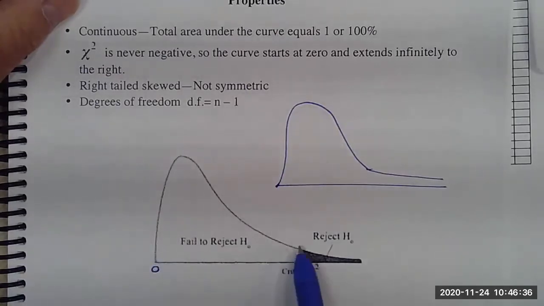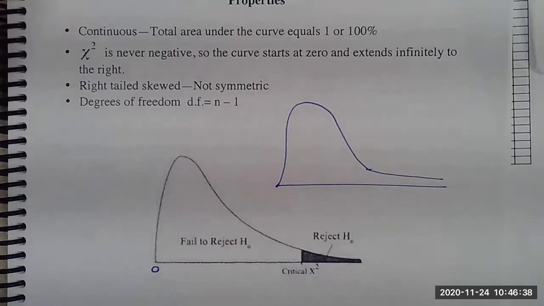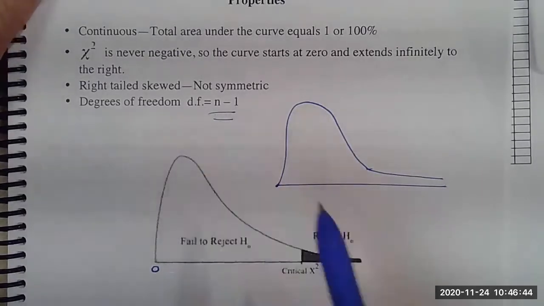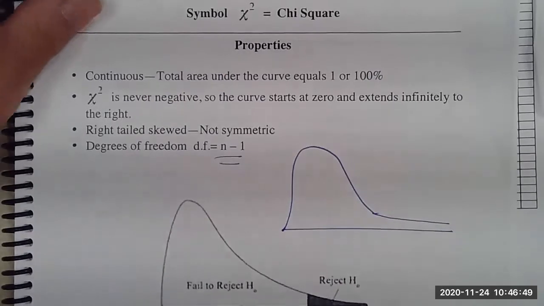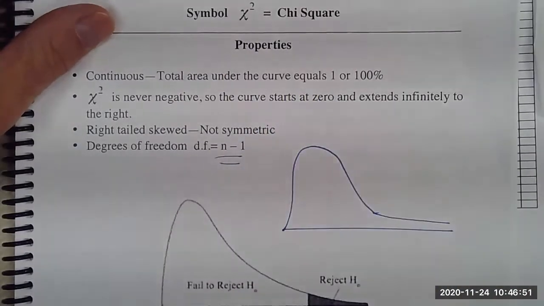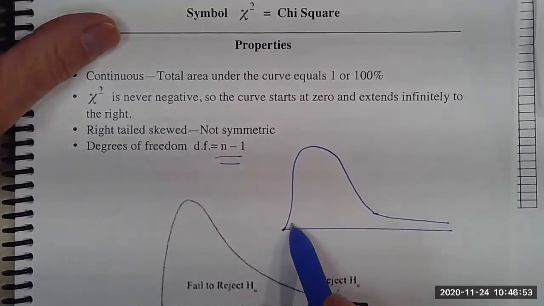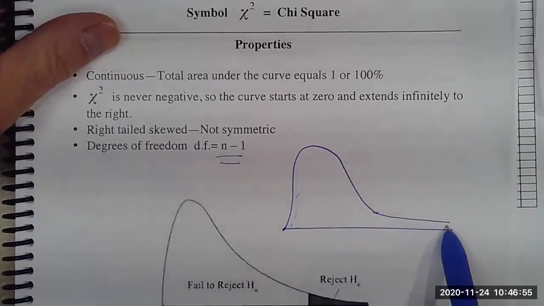This is like a one tail right, and there is a two tail. It's just not symmetric. Degrees of freedom is still n-1. That's familiar. The area under the curve is still 1. 100% is all of it, just like the normal.